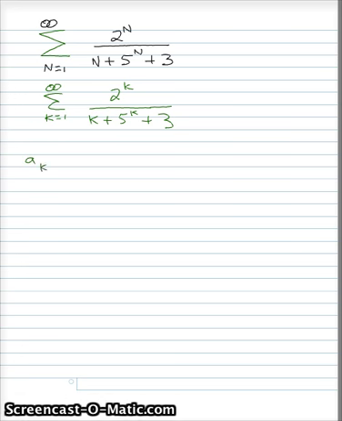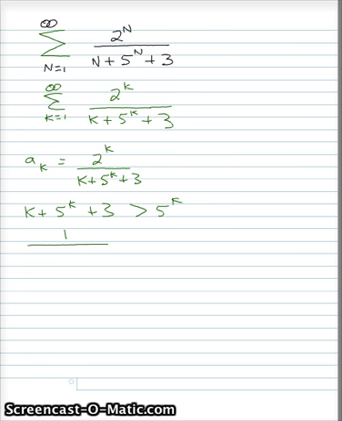First of all, the sequence a sub k is 2 to the k over k plus 5 to the k plus 3. Looking at the denominator, what can we say about that? We have k plus 5 to the k plus 3 is bigger than a lot of things: bigger than k, bigger than 3. But the one that will help us the most is bigger than 5 to the k.